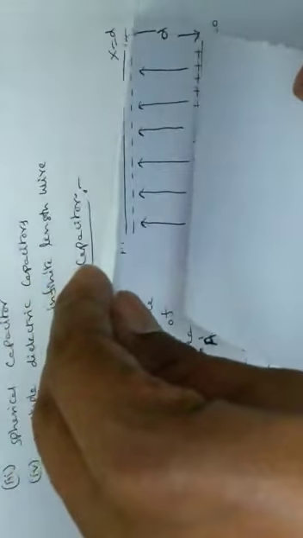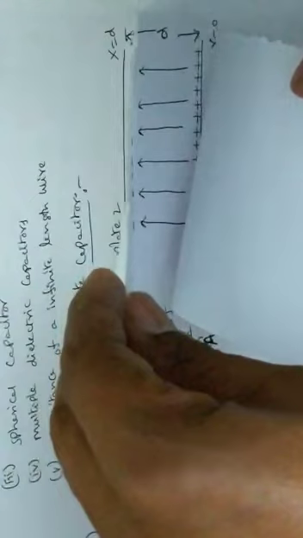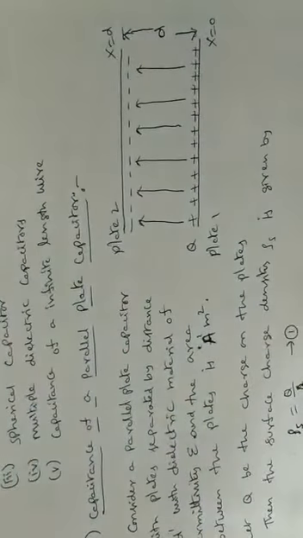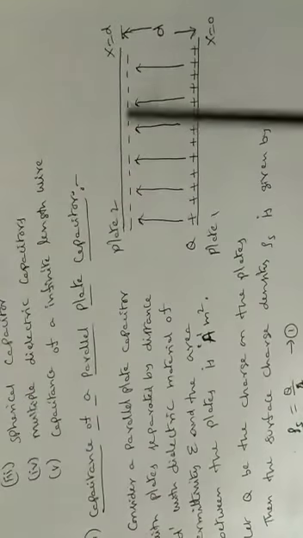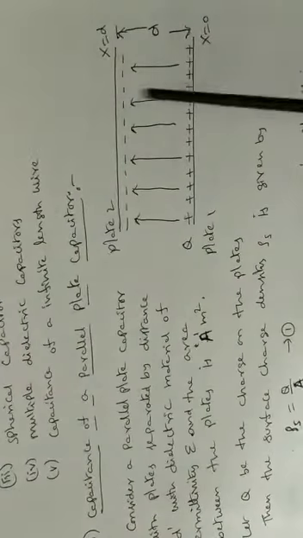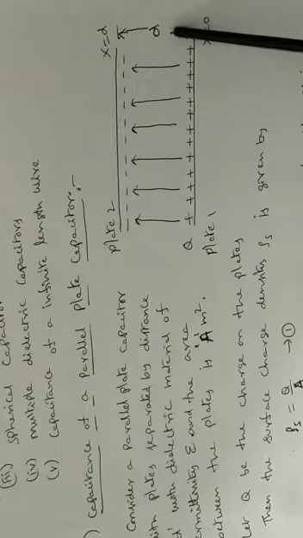Assume these two plates are parallel to one of the axes, in this case the x-axis. Plate 1 has charge Q and plate 2 has charge negative Q, separated by a distance d.